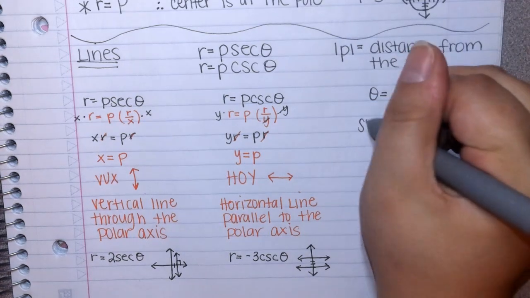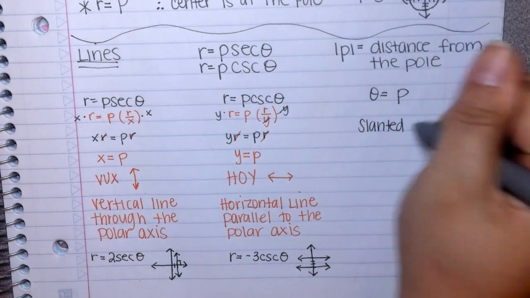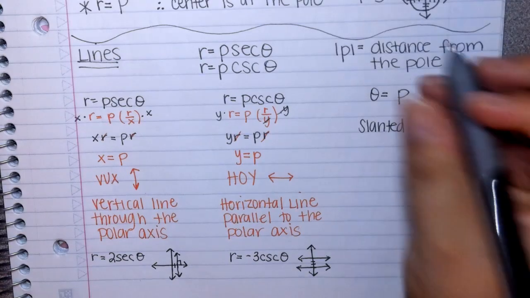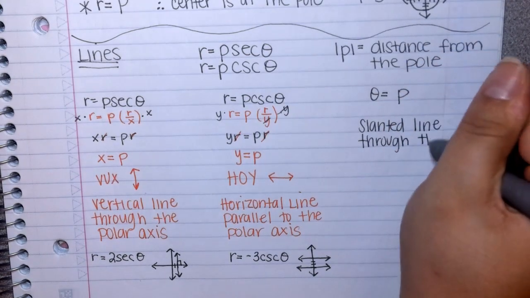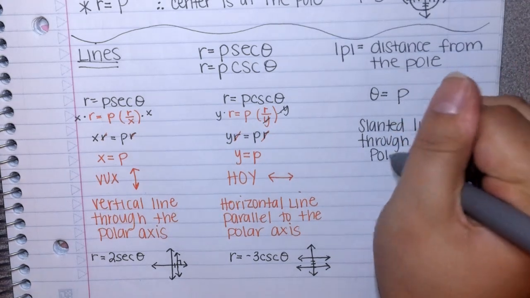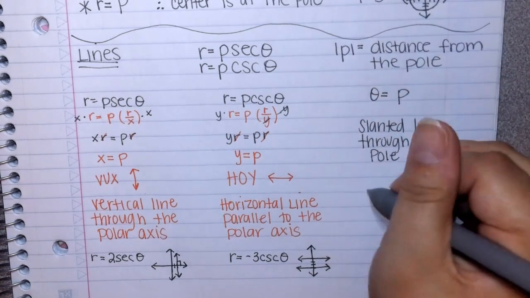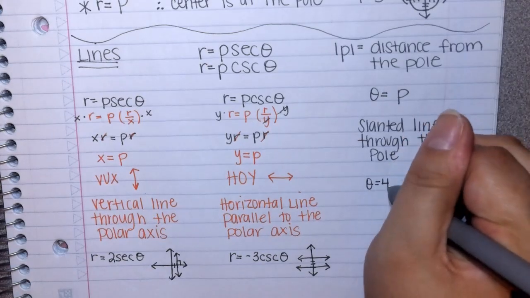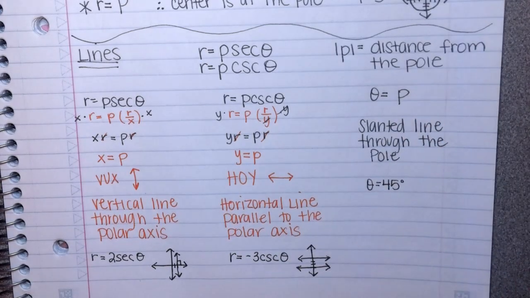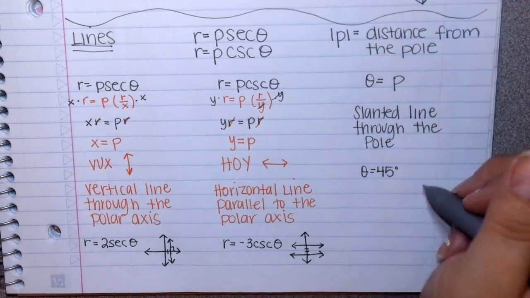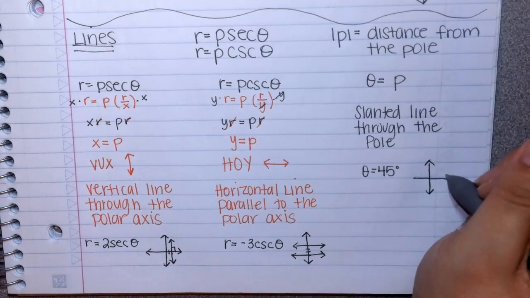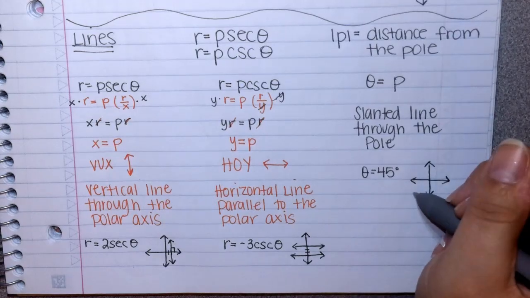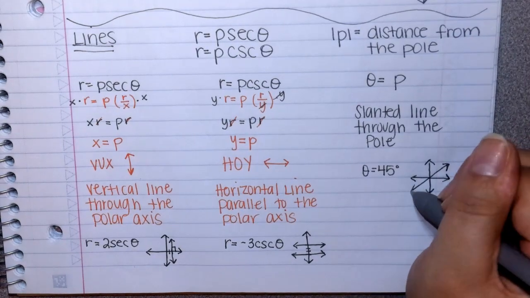That is a slanted line through the pole. So theta equals 45 degrees would just be that.